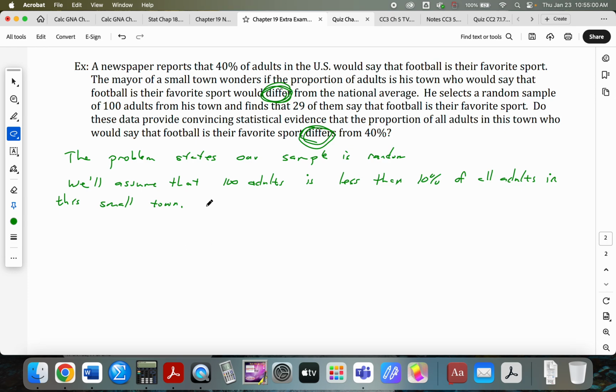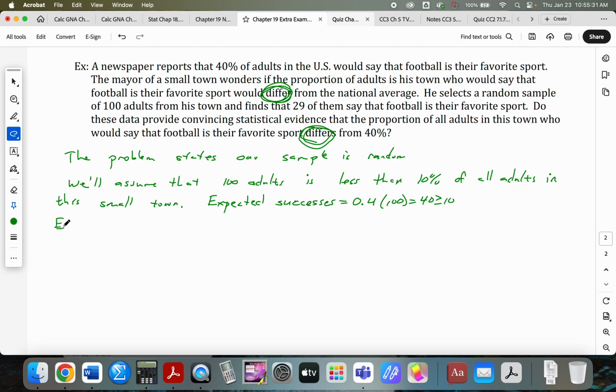All right. So what's the last thing? The success and failure rate. Okay. So our expected successes is going to be 40% of the 100. That's 40, clearly greater than or equal to 10.